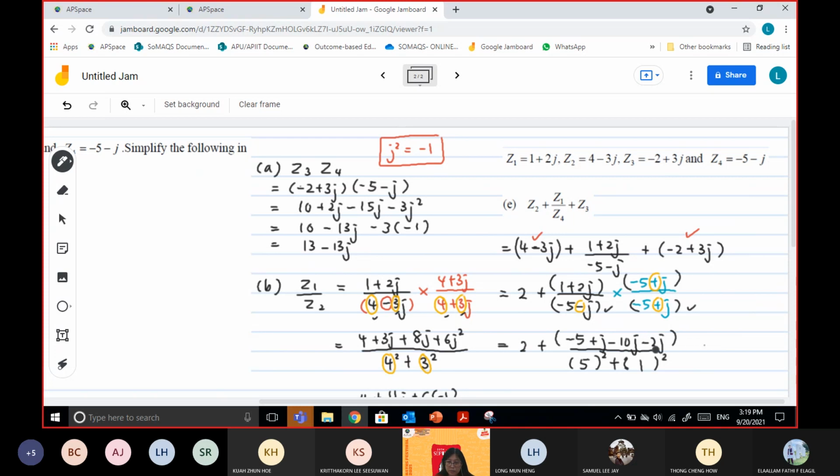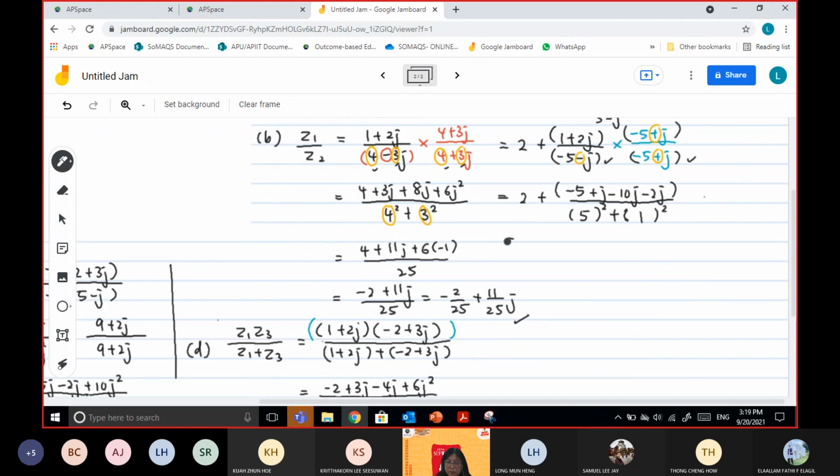After we simplify, plus 2 minus 5, so minus 3 minus 9j divided by 26.